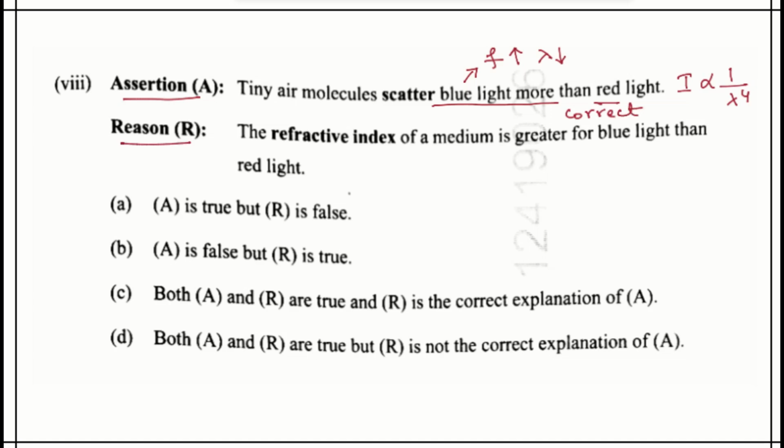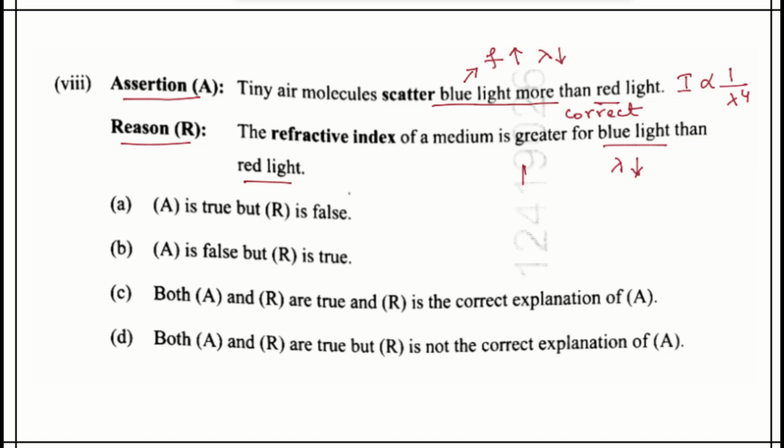Now we will go to the reason part. In the reason, the refractive index of a medium is greater for blue light than red light. As we know from dispersion of white light through the prism, we see that blue light has greater frequency and lesser wavelength. In that case, it is having a relation with refractive index.